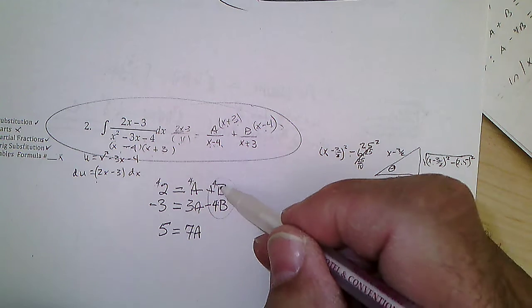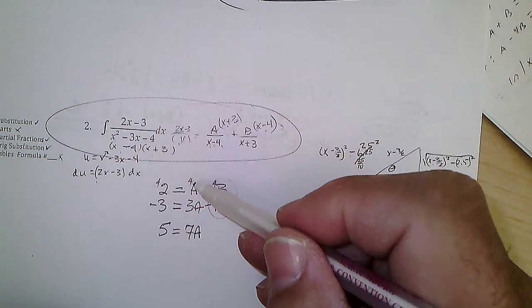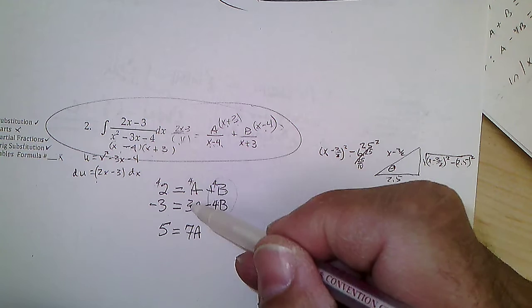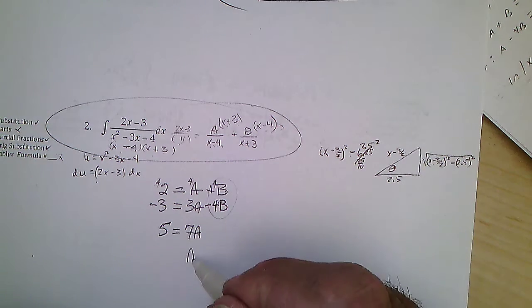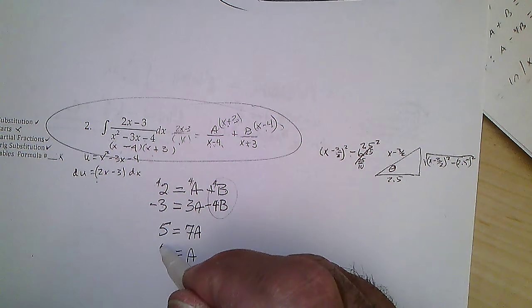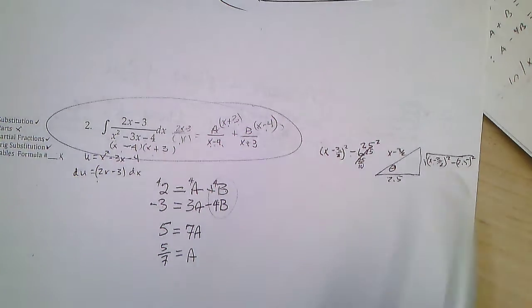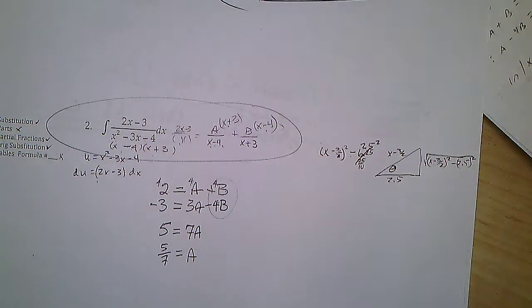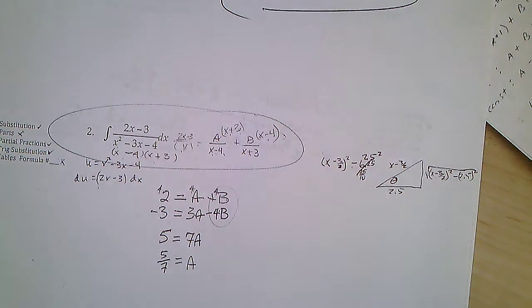If I multiply by 4, 4, and 4, I get 8 minus 3, 5. I got 4a plus 3a is 7a. So a is 5/7. Why doesn't that sound familiar? Let me look at my key for a moment. I feel like I'm making a mistake somewhere here.